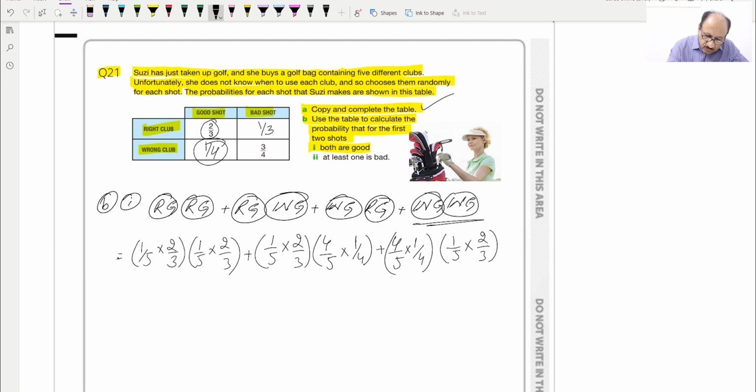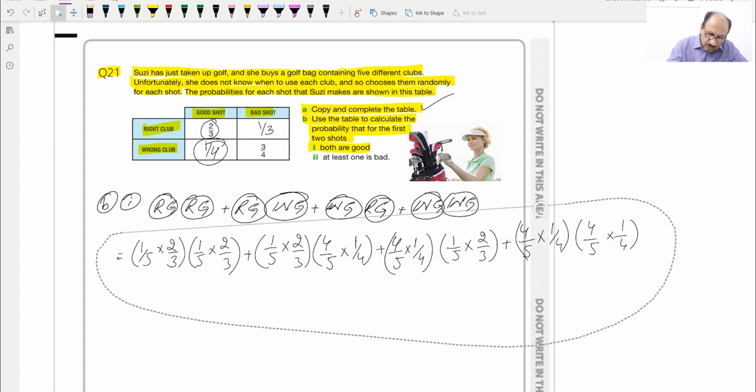And now the last one, wrong club, wrong good shot. So wrong club, there are 4 wrong clubs out of 5, and multiply by good shot, and good shot with the wrong club is 1 by 4. So 1 by 4, and the second will also be same, which we have written over here.